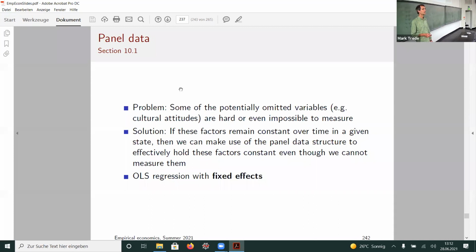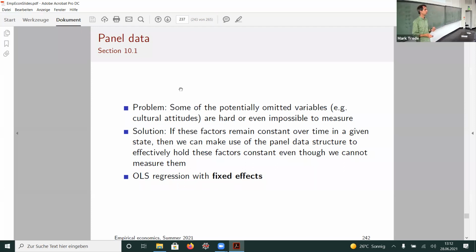So the idea is that the cultural attitude is fixed in one state. It doesn't vary over a couple of years. It might vary over decades, but not from 1982 to 1988. And then we just look at the time series data in one state, and in that way hold fixed the cultural attitudes.